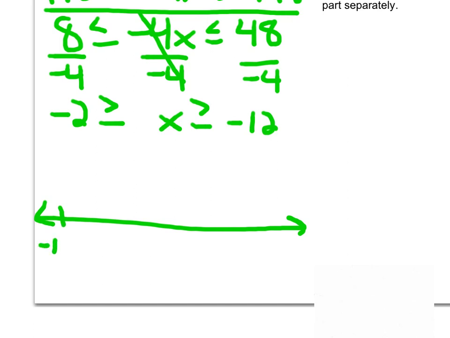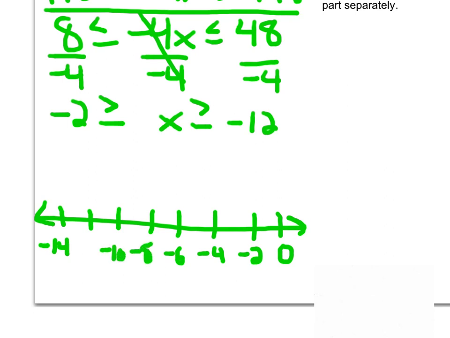So negative 14, negative 12, negative 10, negative 8, negative 6, negative 4, negative 2, and then we got to go past 0. Okay? Oh, we can start over here, that's fine. I've got a closed dot at negative 2. And I've got a closed dot at negative 12.